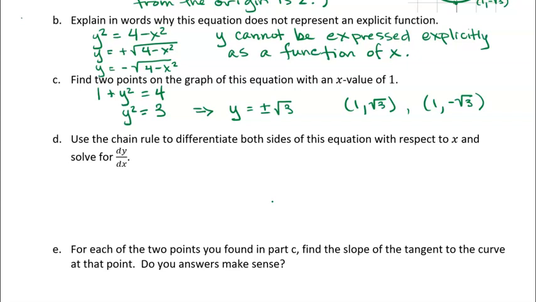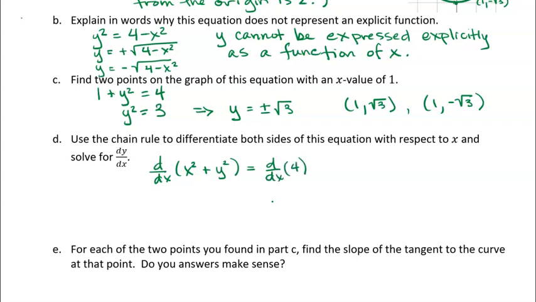We can actually differentiate both sides of this equation using the chain rule. So remember, we're trying to differentiate. I'll write it this way: d/dx of x squared plus y squared. And then the other side, we're going to differentiate that as well. We're going to take the derivative of 4.